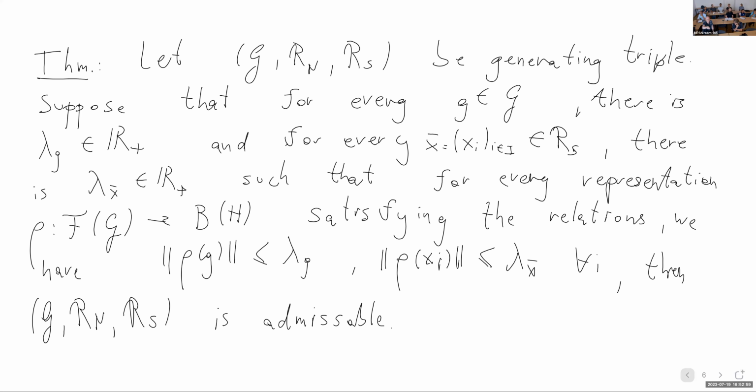Could you replace this condition for generators by a similar condition for words? In one direction, it's obvious. But for all words, it's just about generators. It does not concern words. I was thinking in the closure already.